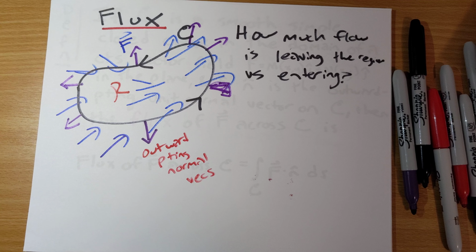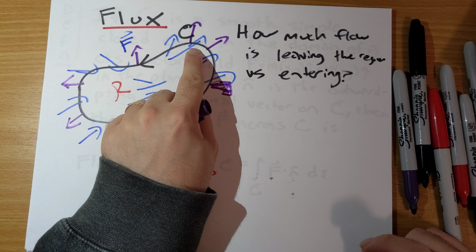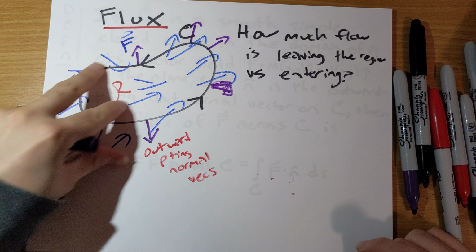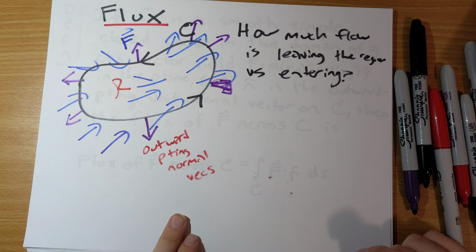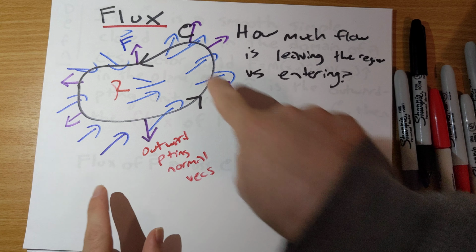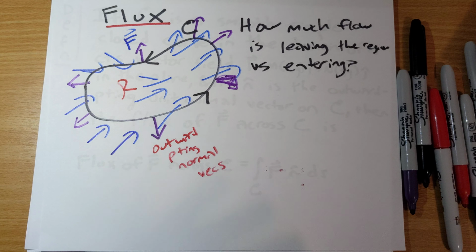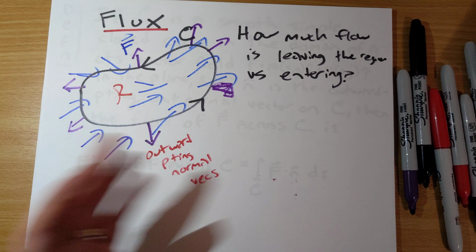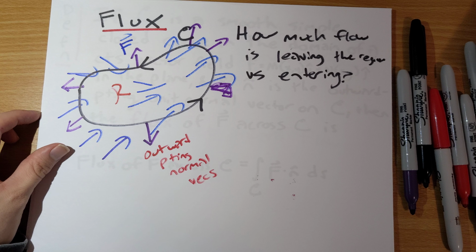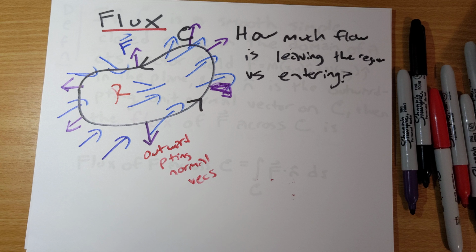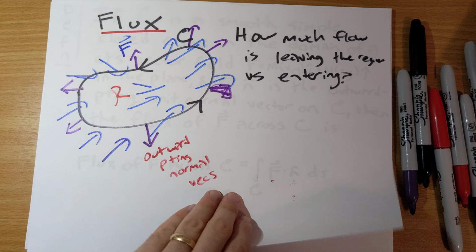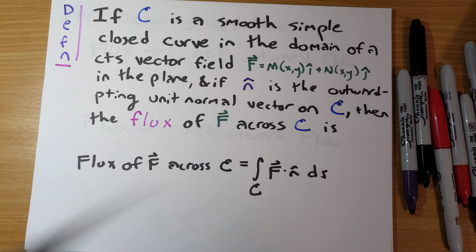So the dot product of our vector field F with the outward pointing normal vectors will tell us at the points along the boundary how much of the fluid flow or whatever it is is moving outside of the region R versus moving inside the region. If something is moving parallel with our boundary, that's nothing to do with leaving versus entering. It's just moving along. We want to emphasize leaving versus entering. So this is the big picture for what's going on here.